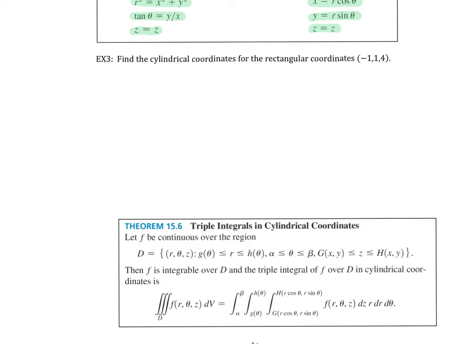Let's say that we do want to find the cylindrical coordinates and we have rectangular coordinates. So since these are rectangular coordinates, this is an x, a y, and a z. Well, I know that tangent of theta is going to be y over x, so that would be -1. And then tangent is -1 when theta is equal to 3 pi over 4, so that would be in quadrant 2, and quadrant 4, 7 pi over 4.